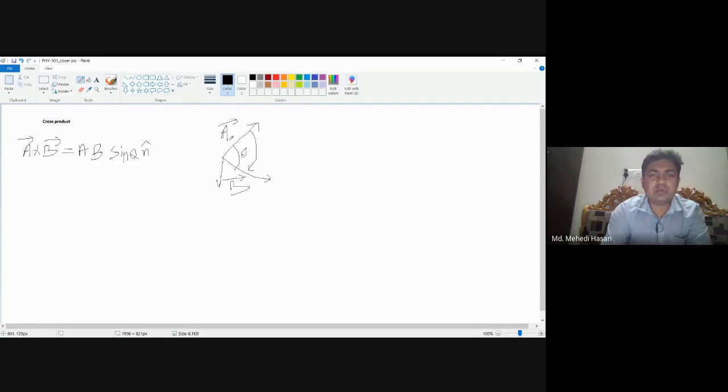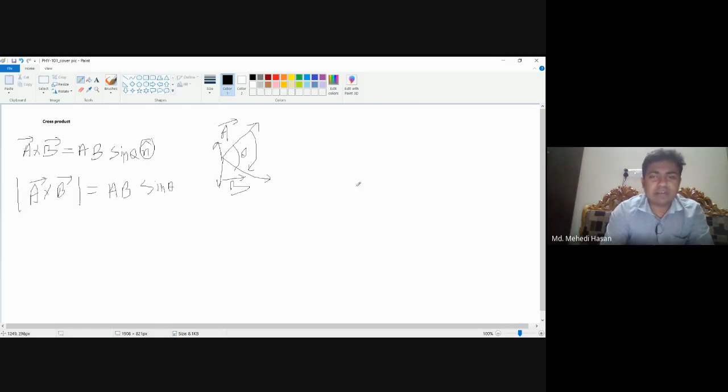If we move from B to A, then the cross product is B cross A, and the unit vector will be upward, perpendicular to the plane of A and B. This is the direction of the unit vector. And the magnitude of A cross B will be AB sin theta. So this is the formula.